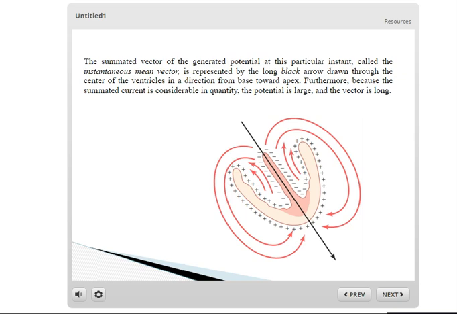The length of the instantaneous mean vector correlates with the magnitude of the electrical potential generated by the heart. A longer vector indicates a stronger electrical signal, which typically occurs when a large amount of current is flowing through the heart muscle during depolarization.